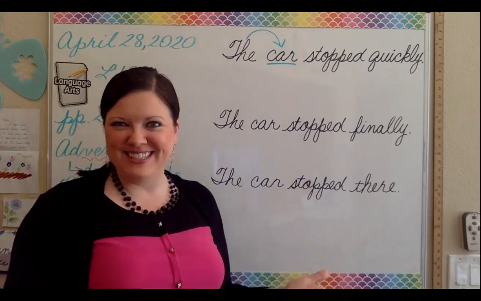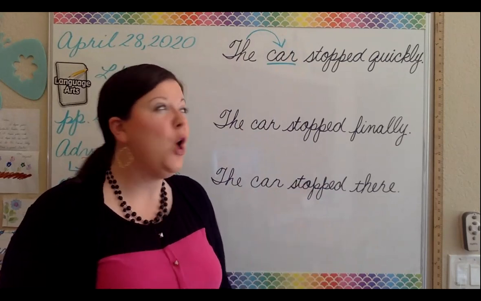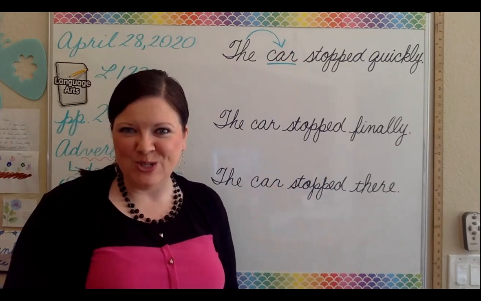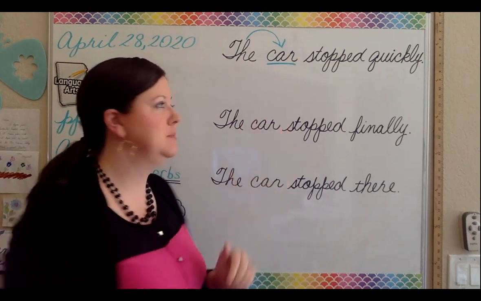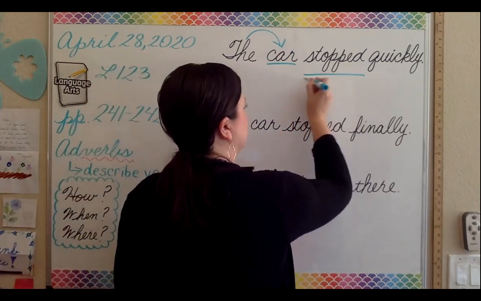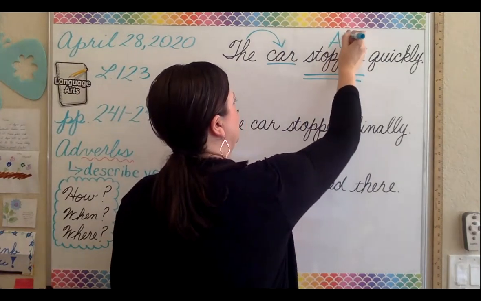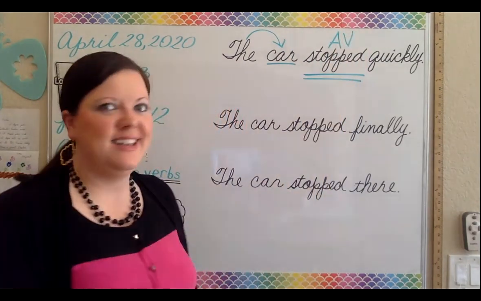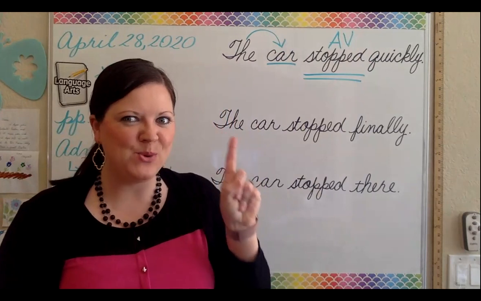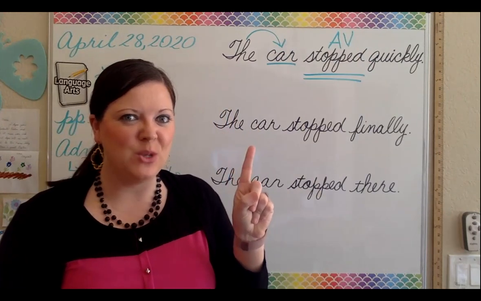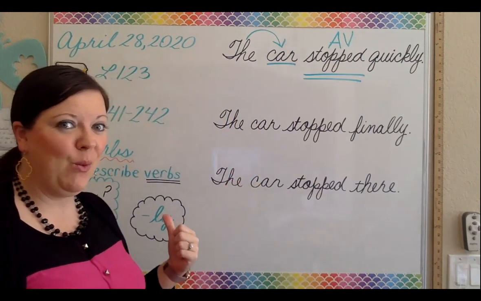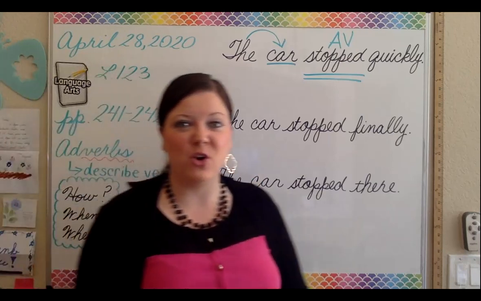Now that we have found the subject, let's find the verb. What is the car doing? It stopped. This is an action verb. Now, do you see that one word that's left? Did you notice what it ended with? An ly. Let's see if it answers one of our questions.